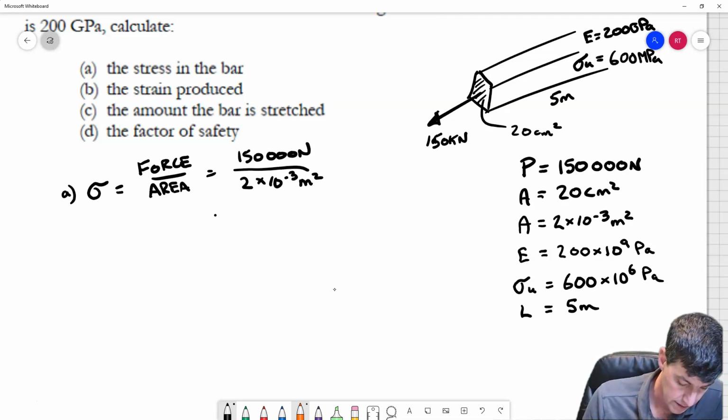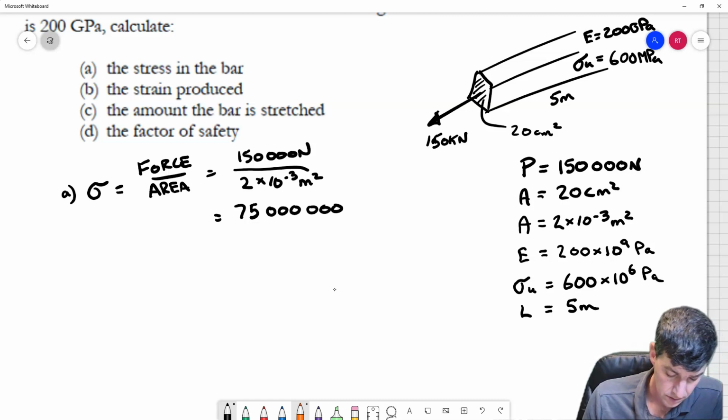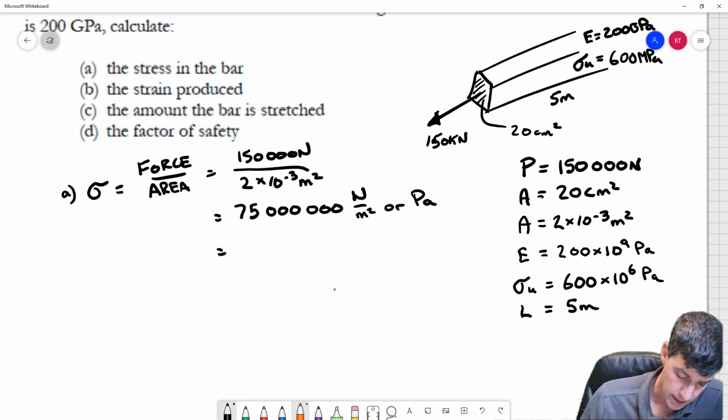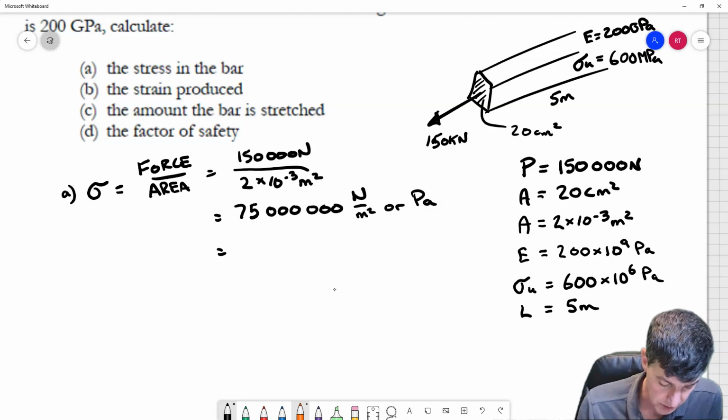And what I get is 75 million. Units are newtons per meter squared, or a pascal. Sometimes when I'm talking about stress, I might simplify that to say 75, with 6 zeros, which is equivalent to a megapascal.